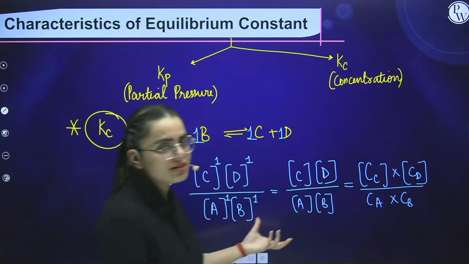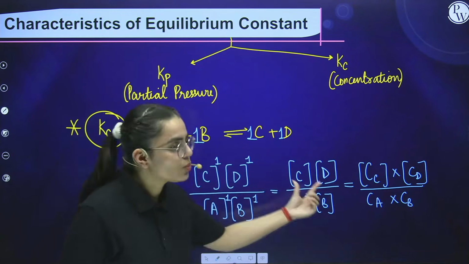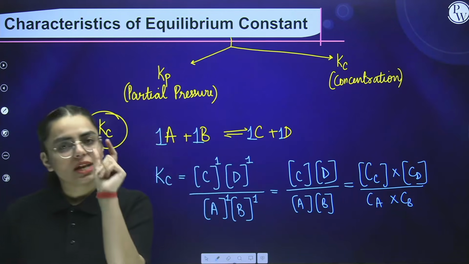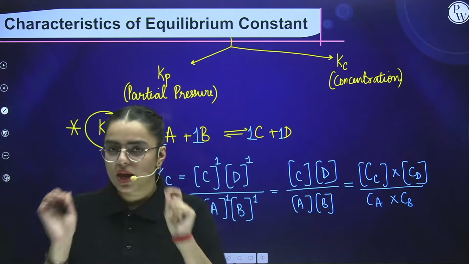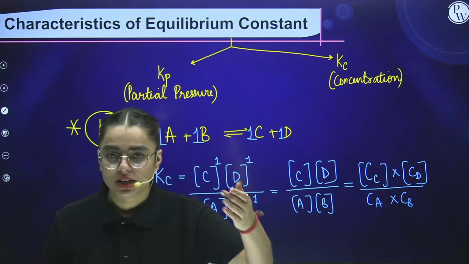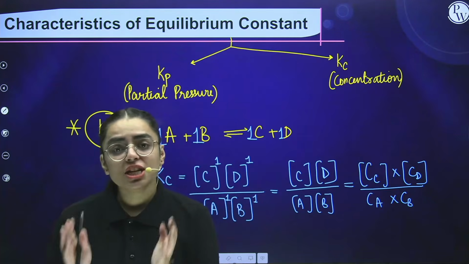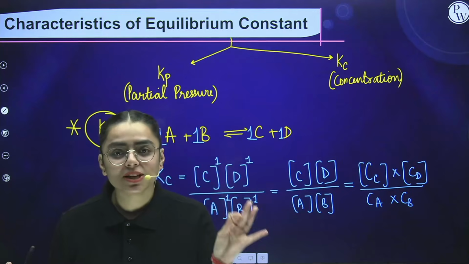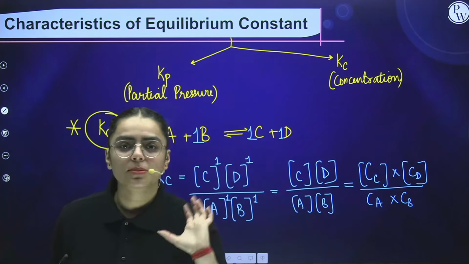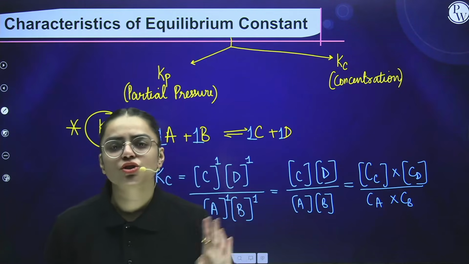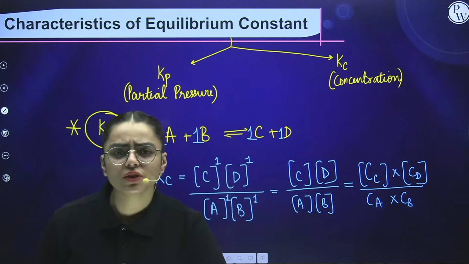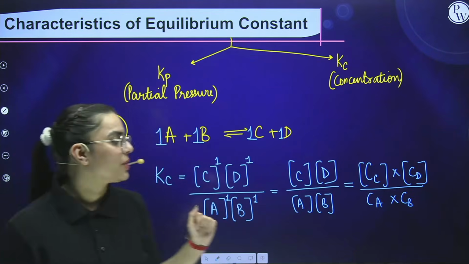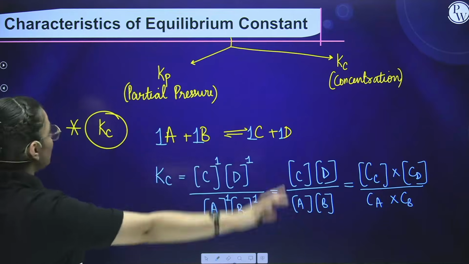C refers to concentration. Either you can directly show it in this way. It is but obvious that whenever you are representing something in the square bracket, you are referring to concentration. But sometimes you need to see the formula. When you are differentiating between Kp and Kc, kindly mention it as Cc, Cd, Ca, Cb. That means concentration of A, concentration of B, concentration of C, concentration of D. Is it clear? Okay. Now you can write it either way, this is all the same way to write.